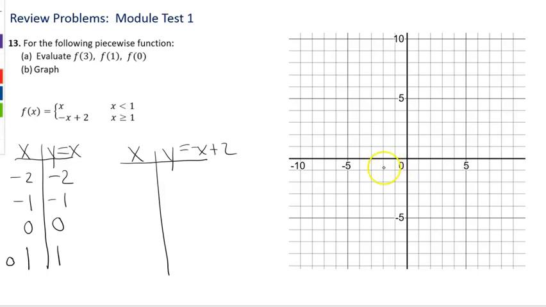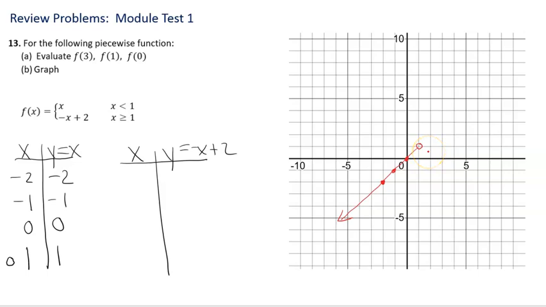So negative 2, negative 2, negative 1, negative 1, 0, 0, and then there's an open circle at 1, 1, because the graph goes up to that point but doesn't go any further. So normally, this line would extend forever in both directions, but it can only extend to the left forever, because at the right, at the point 1, 1, the graph just stops. And it's an open circle.